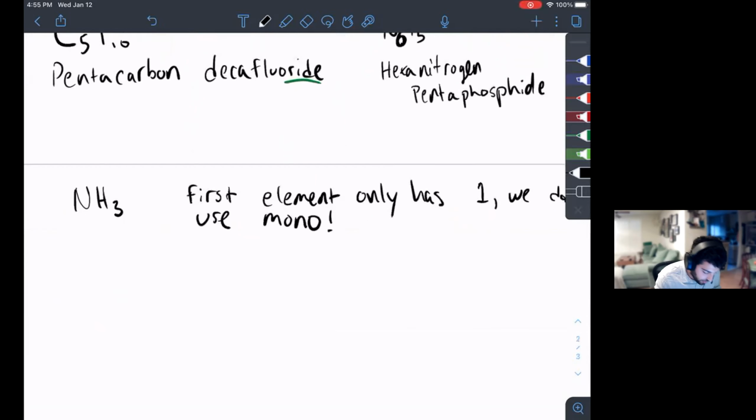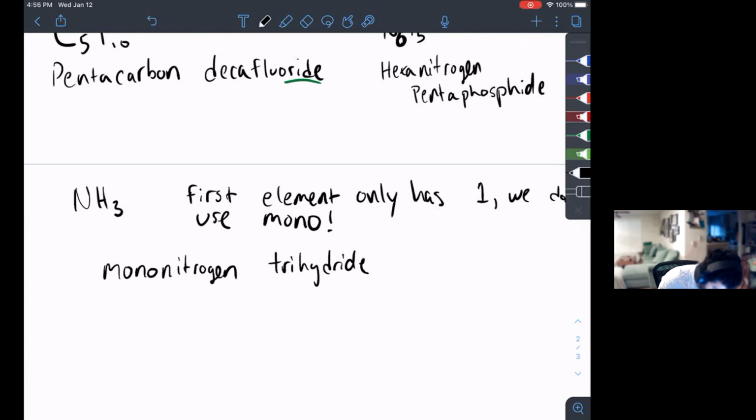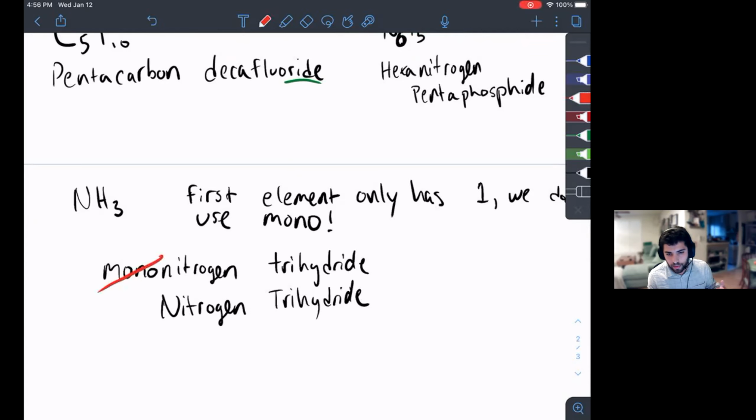So what you may think as mononitrogen trihydride is actually going to be just nitrogen trihydride. We're just going to take out that mono, get rid of it. And this is what we end up with.